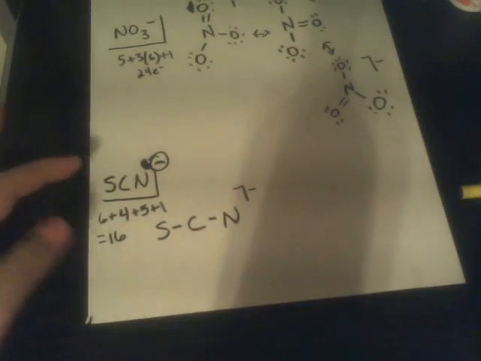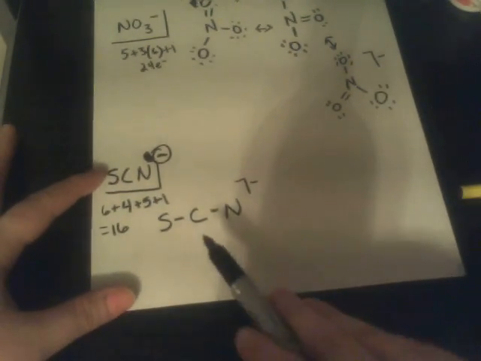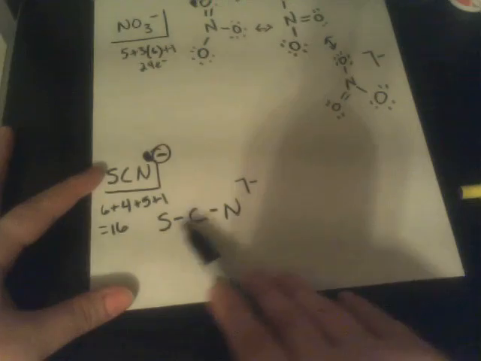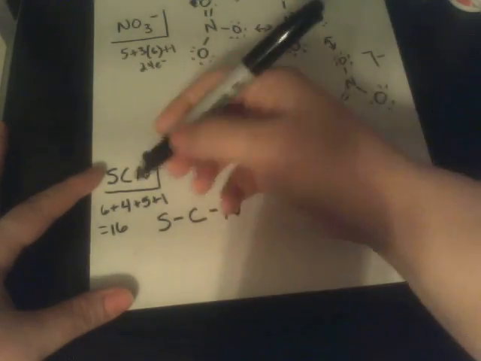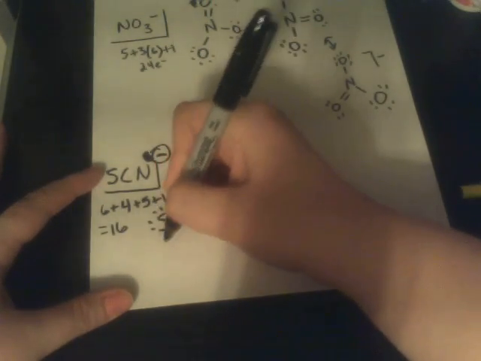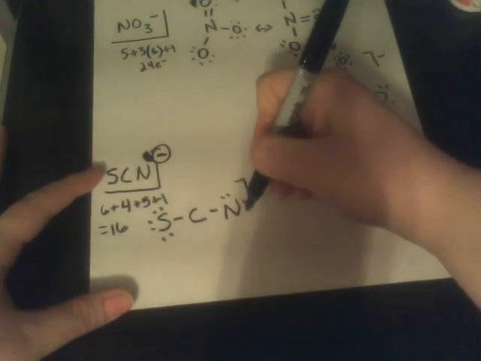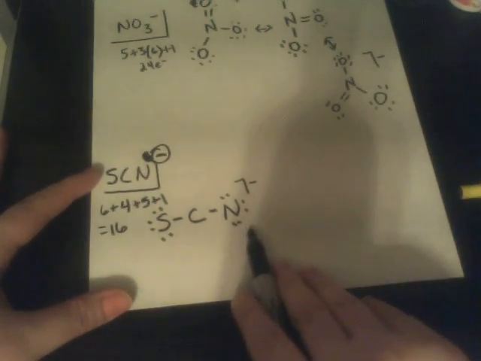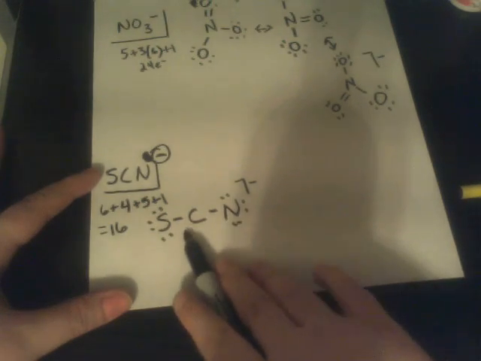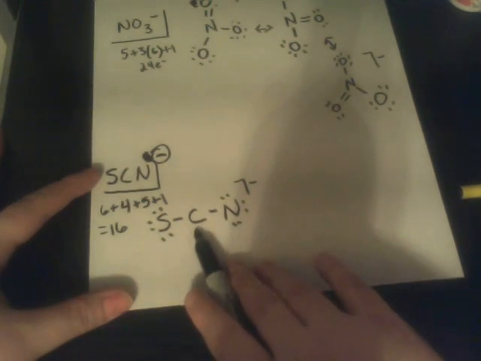Okay. So let's do what we would normally do and complete the octets on the outside. So 1, 2, 3, 4, 5, 6. Now there are 8 electrons around sulfur. 1, 2, 3, 4, 5, 6. Now there are 6 electrons around nitrogen, but carbon is not satisfied, so this is probably not going to be a good example.